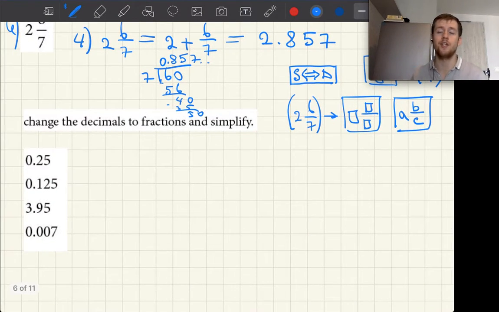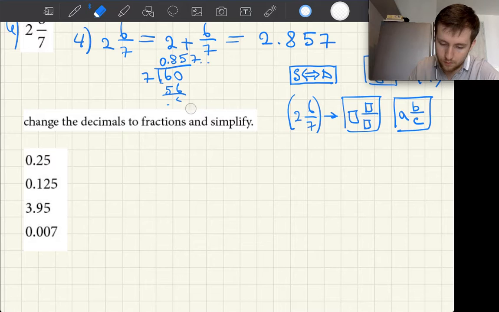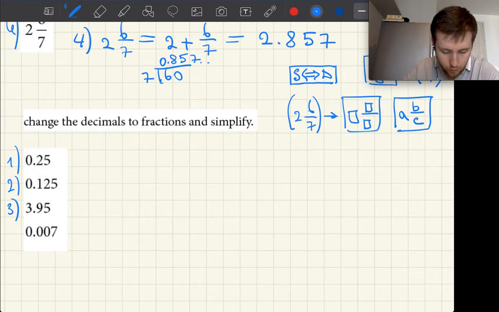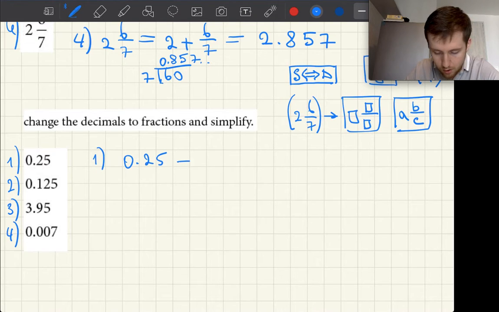Decimals to fractions is way more easy, I would say. Okay, so 0.25 converted from decimal to the fraction is 25 over 100.